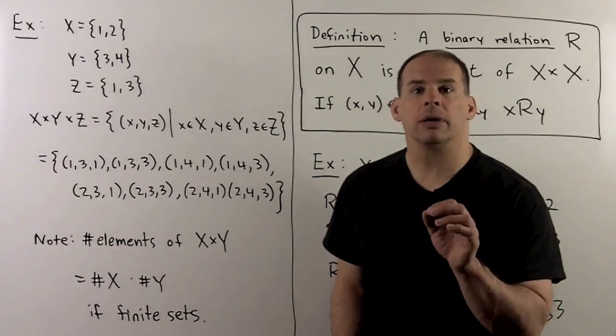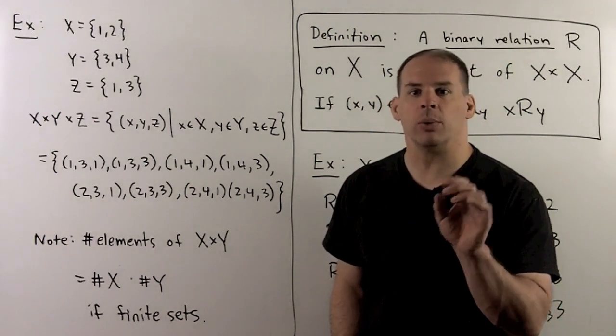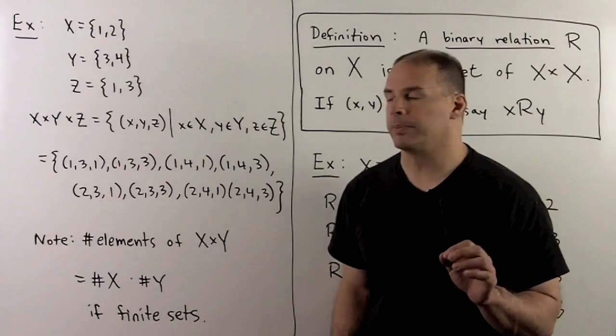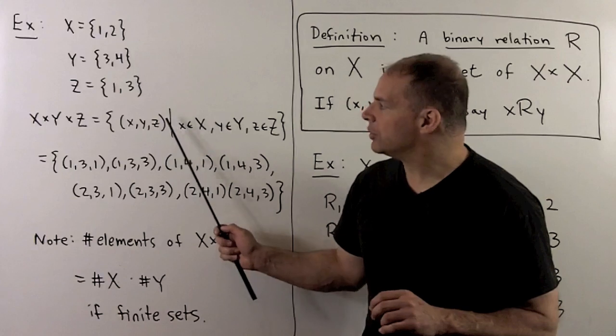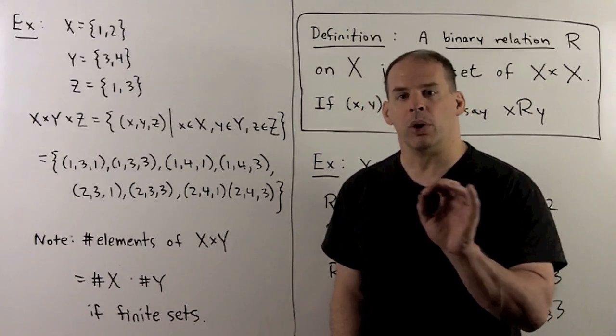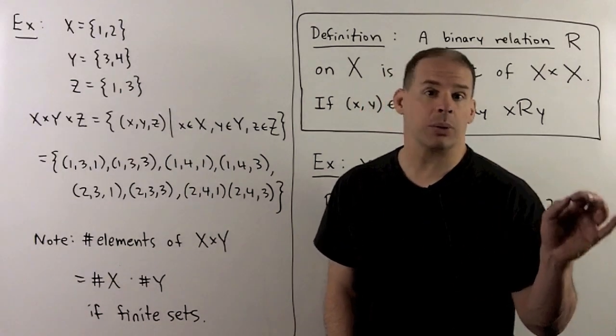Now, to check our work, we could use the matching rule to see that we would expect 8 elements to come out. So we have 2 elements for X, 2 elements for Y, 2 elements for Z. If we multiply through, we get 8, as promised.